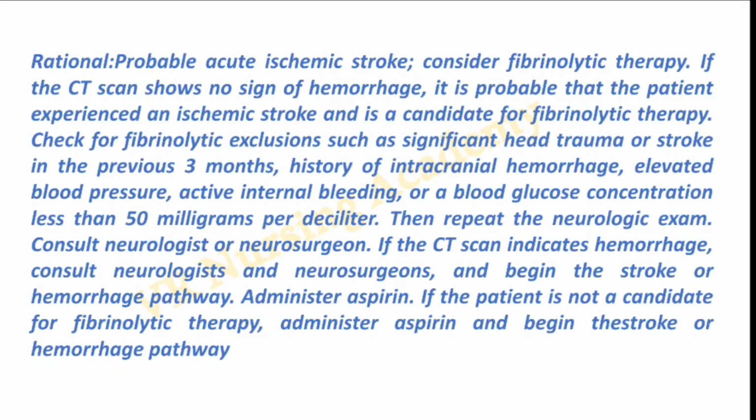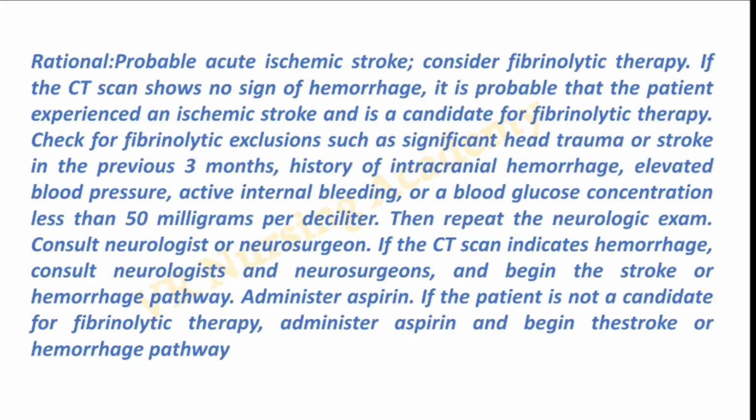Aspirin. Rationale. Probable acute ischemic stroke. Consider fibrinolytic therapy. If the CT scan shows no sign of hemorrhage, it is probable that the patient experienced an ischemic stroke and is a candidate for fibrinolytic therapy. Check for fibrinolytic exclusions such as significant head trauma or stroke in the previous 3 months, history of intracranial hemorrhage, elevated blood pressure, active internal bleeding, or a blood glucose concentration less than 50 mg per deciliter.